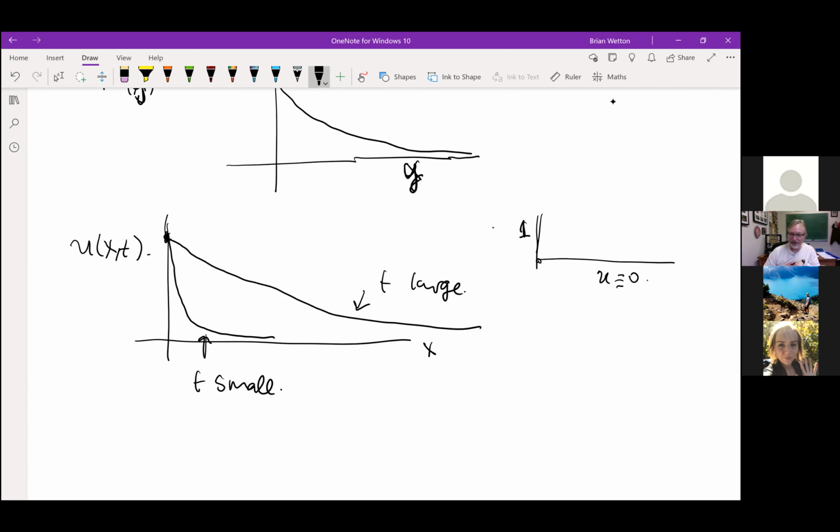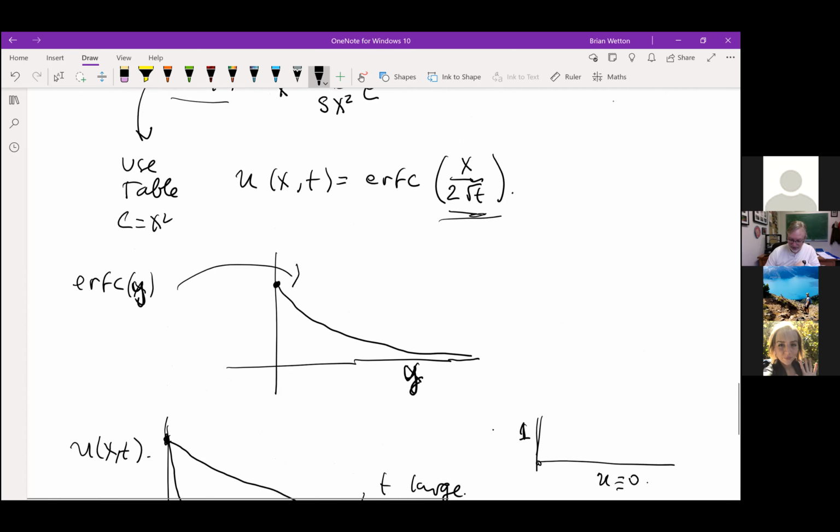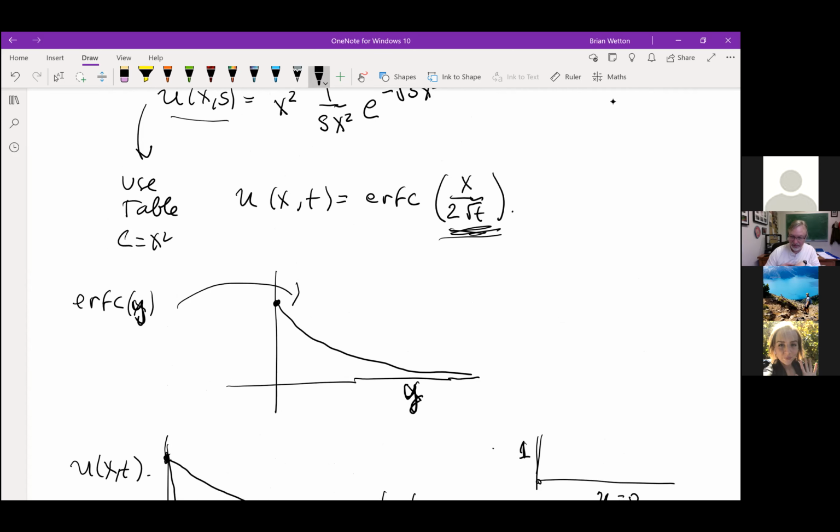As you leave it in time, at the beginning you just heat up a little bit. Then if you've left it for a long time, you've heated up further into the interior, and of course, the scaling for how the heat penetrates has this square root of t behavior.